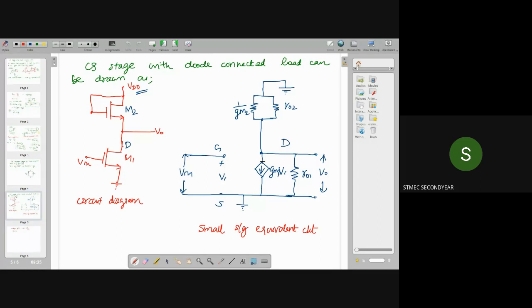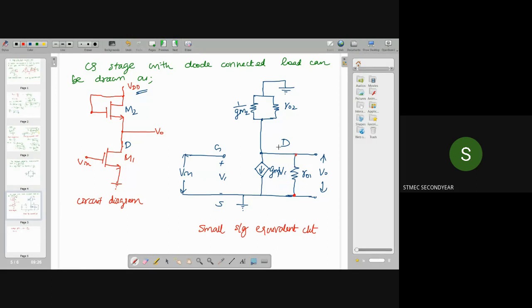And what will be the V out? V out means this voltage. This voltage means the current is GM1 into V1. Between drain and ground, I am taking the output, so it is the resistance connected to that terminal.